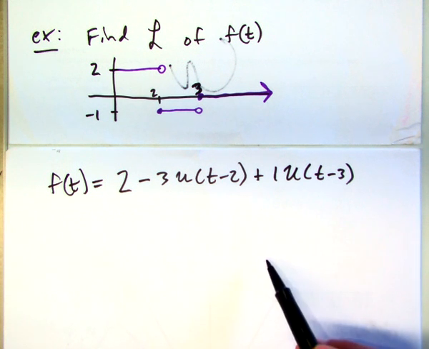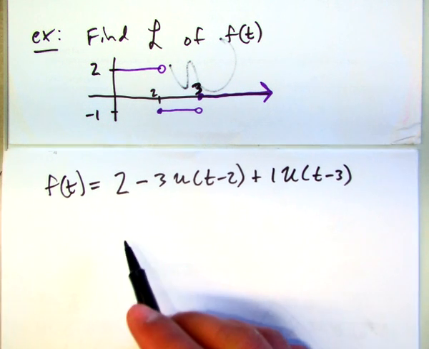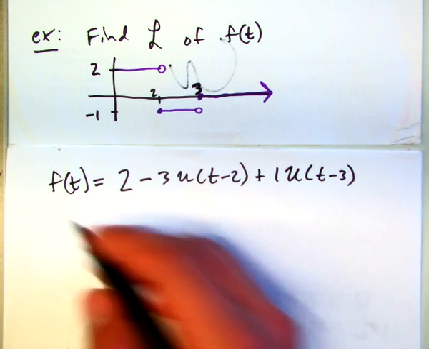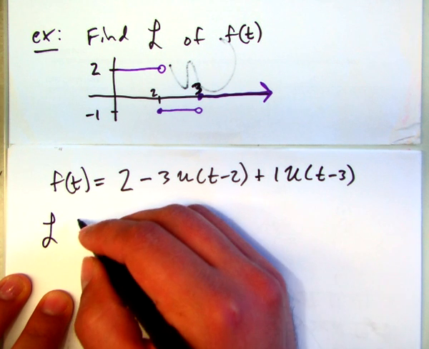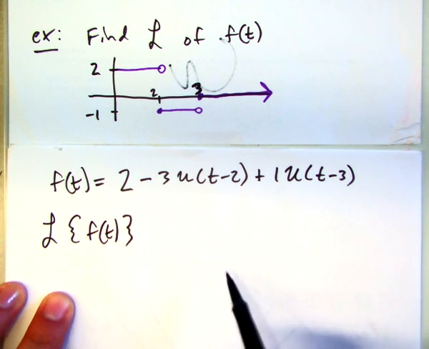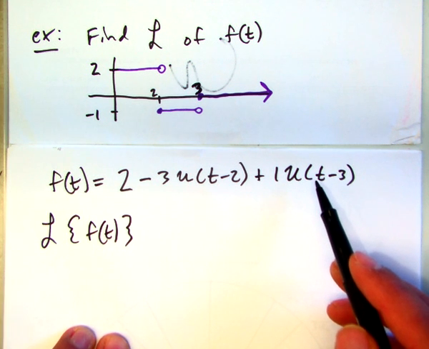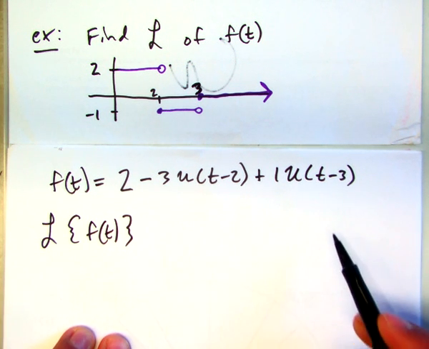I'm going to add 1 starting at 3. But it's 0 everywhere else, right? So then we're good. And now what we can do is go ahead and take the transform of f of t. And now that we have it in compact form, we can just use the second translation theorem for the pieces that have the unit step function.